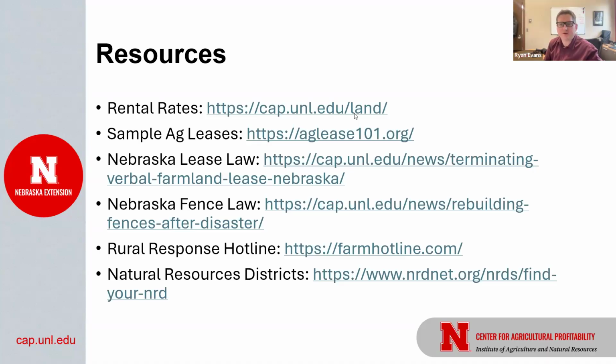Is there a benchmark or index that we should use to increase cash rents annually? Cash rents should move up or down with the markets. A lot of times we forget about that down part. Every single year we have the Nebraska land values document, and it is here.